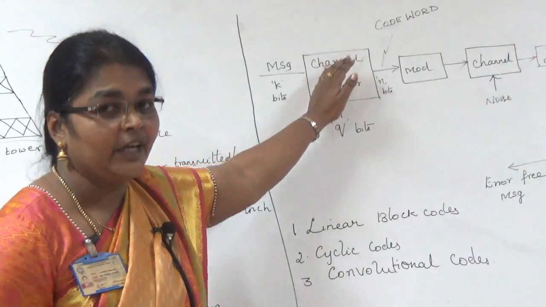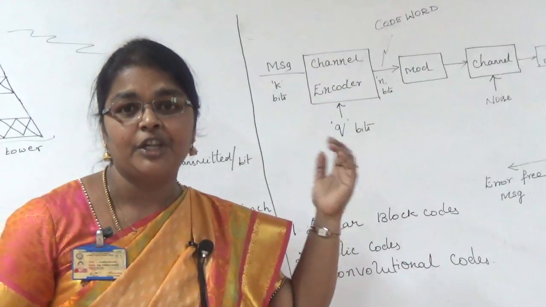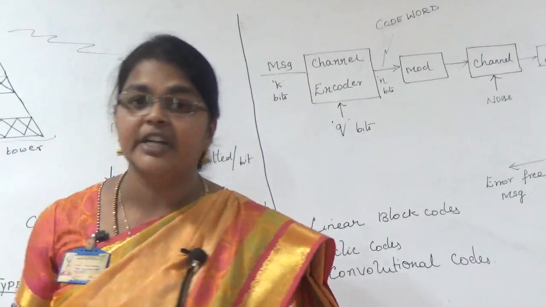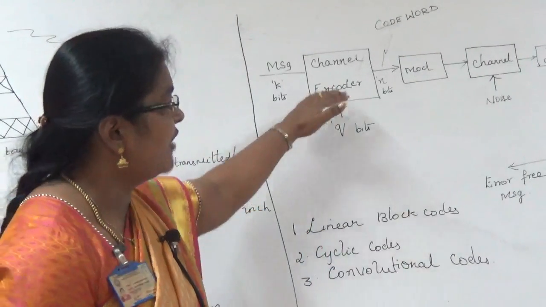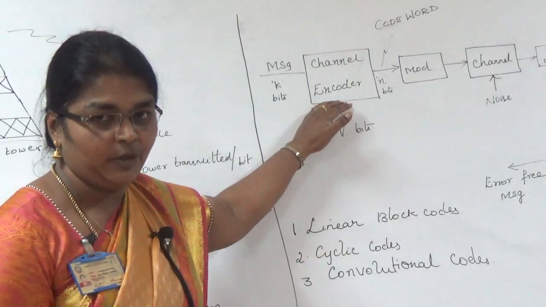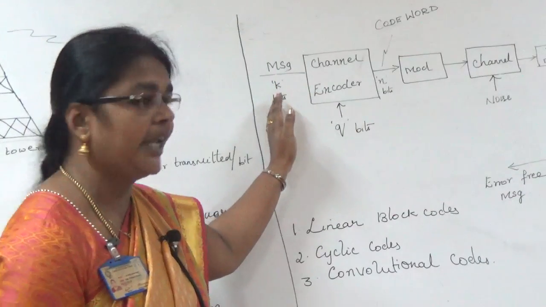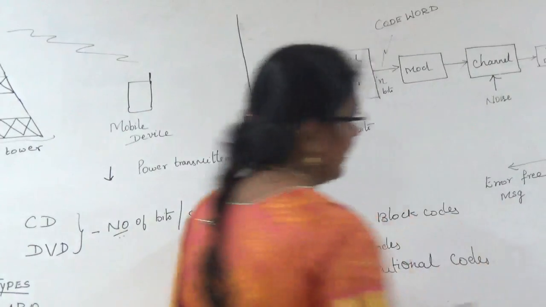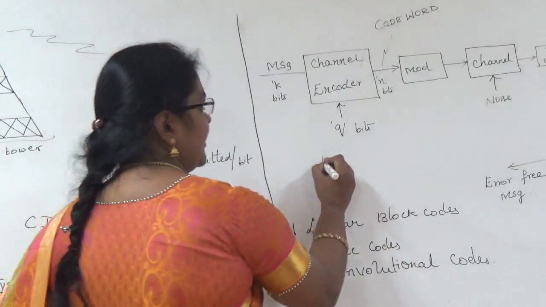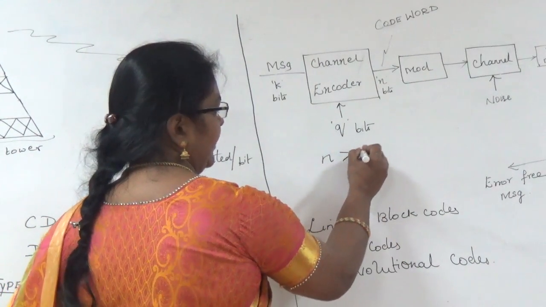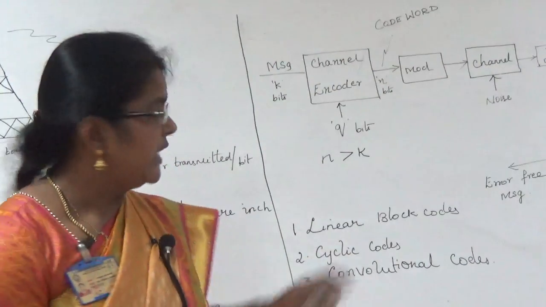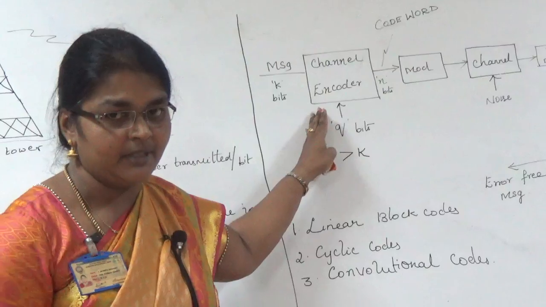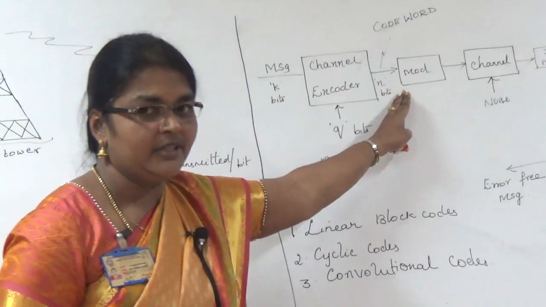This channel encoder plays a major role in error control coding, especially in forward error correction. The function of this channel encoder is to accept k number of bits and convert that into n number of bits such that n is always greater than k.